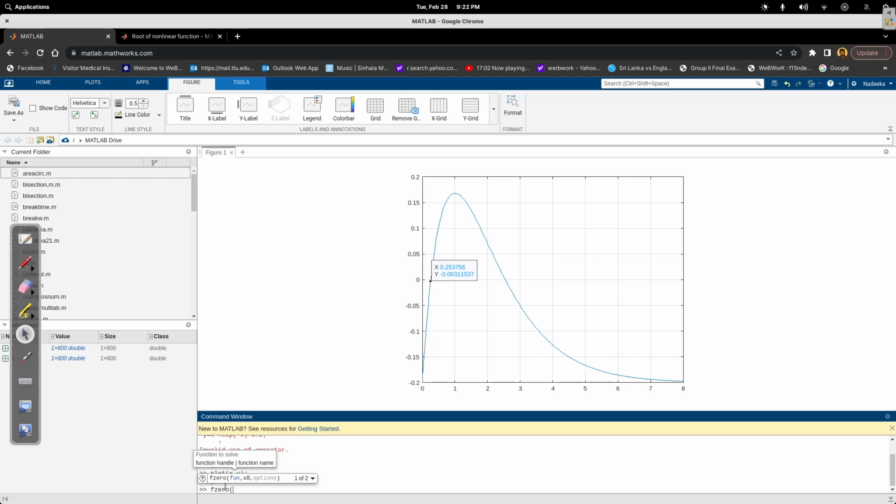I have to give the function, and I said I am going to give it as a string, so this time I don't have to use the dot operation. Then minus x, and close the string. My approximated value is 0.2.